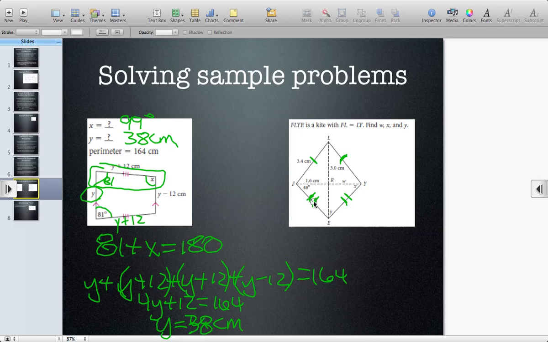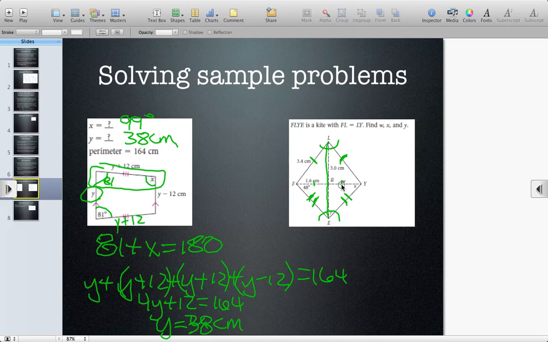Okay, so we have vertex angles here and here. Angle L and angle E are vertex angles. So the diagonal that is connecting those bisects the diagonal connecting the non-vertex angles. So that means this is going to be congruent to this.